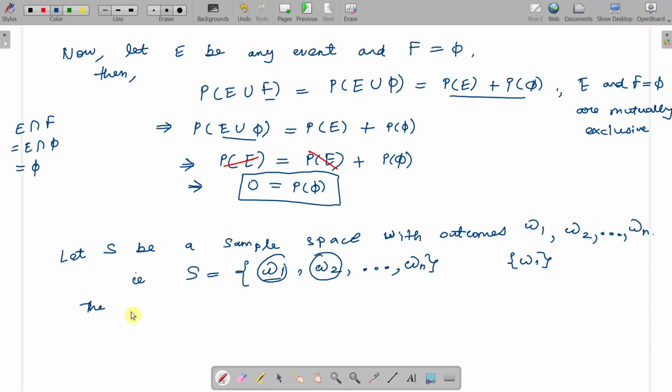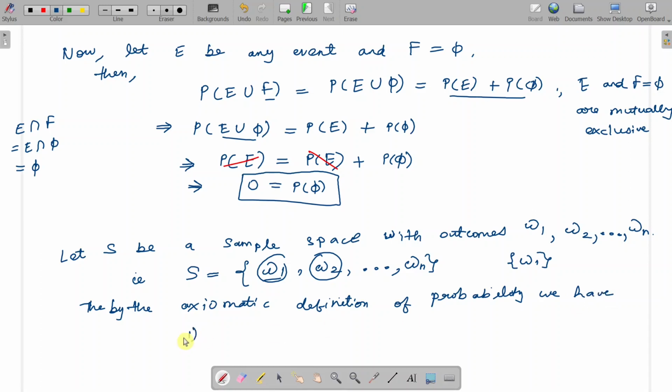Then by the axiomatic definition of probability, we have, first thing, 0 is less than or equal to probability of each omega i, less than or equal to 1.